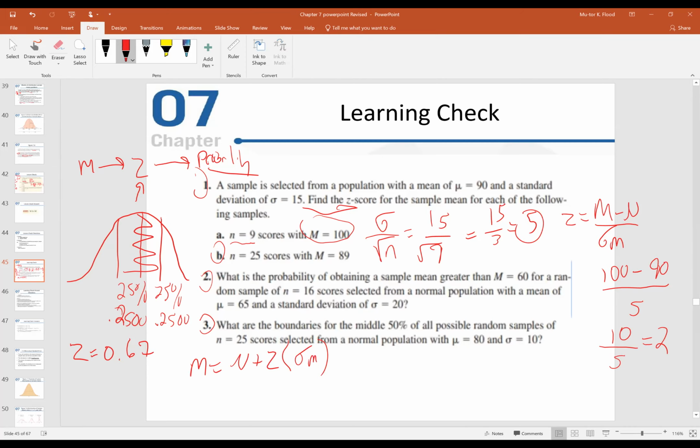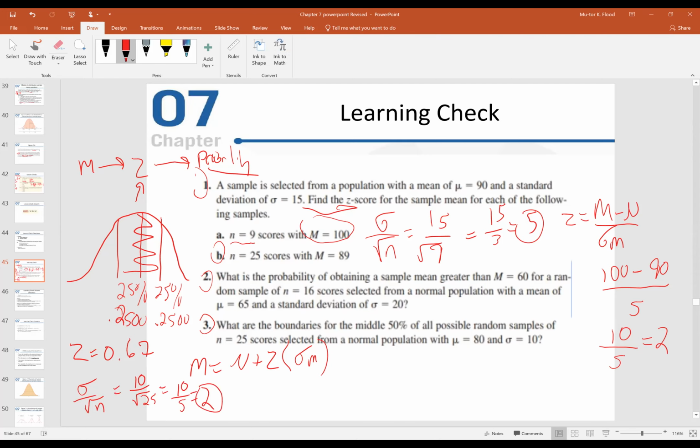The standard error of the mean is the standard deviation divided by the square root of the sample size, which equals 10 over the square root of 25, which is 10 over 5, which equals 2.